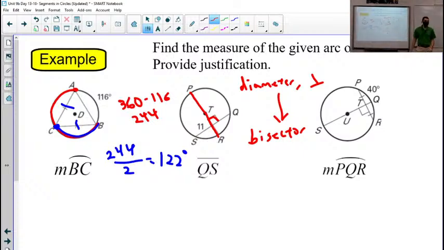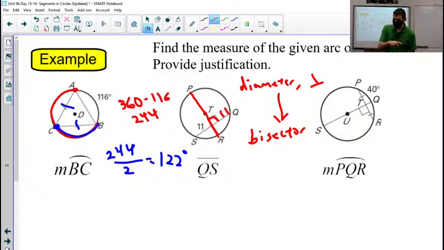What does bisect mean? Bisect means it splits it in half, into two equal pieces. So here are my pieces. This one's 11, so this one is also 11. When you see that diameter coming down on the segment, that means the pieces are the same.